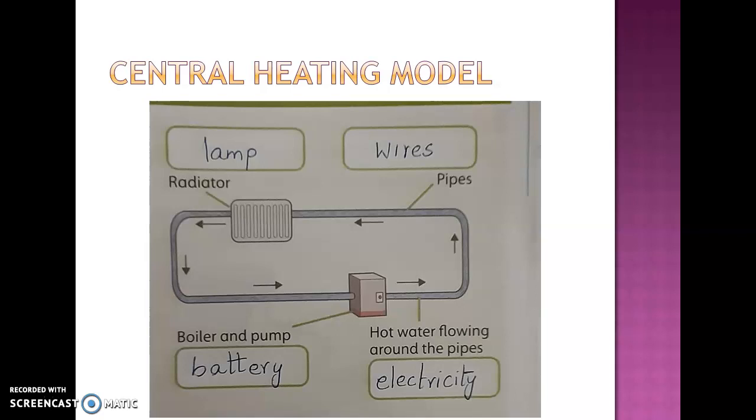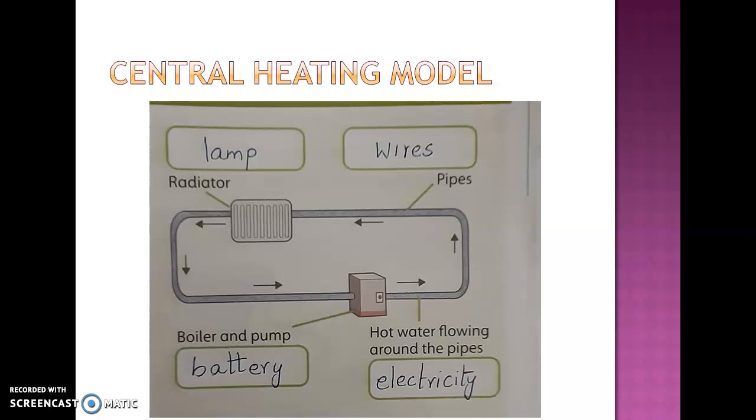So when I say the boiler and the pump, which part of the electrical circuit will you compare it with? Boiler and the pump, that is a source of energy. So it is the battery. Now, hot water is flowing around the pipes. What can we compare it with?